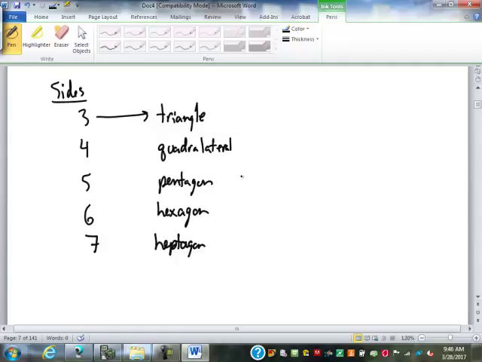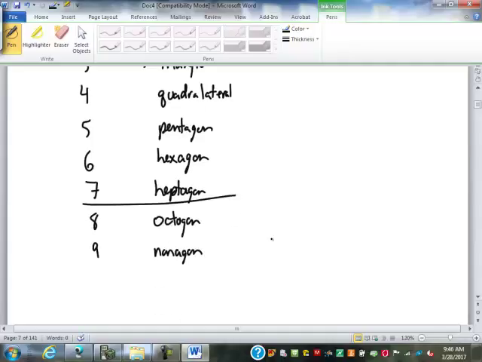Sometimes also called a septagon. 8, octagon. 9, nonagon. 10 is a decagon.